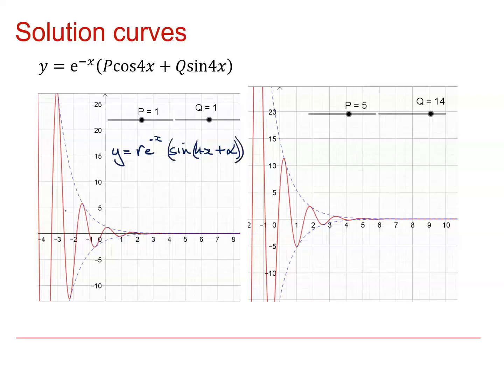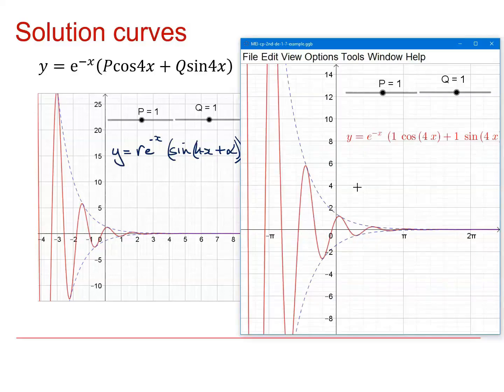If I look at these two plots, this curve, the blue dotted line, is actually R e to the minus x. And so what's happening is that this red line, the plot itself, is an oscillating function. It's a sine type function oscillating with a frequency of 4, and it's oscillating within the confines of this R e to the minus x function.